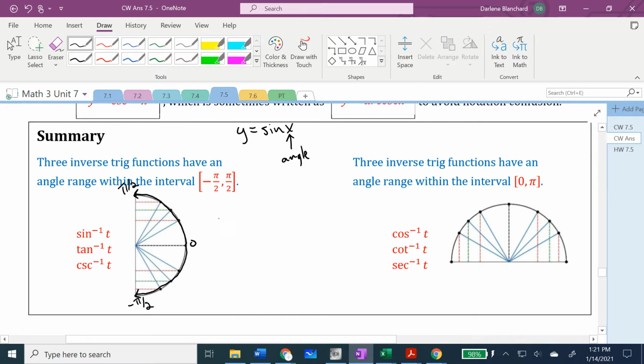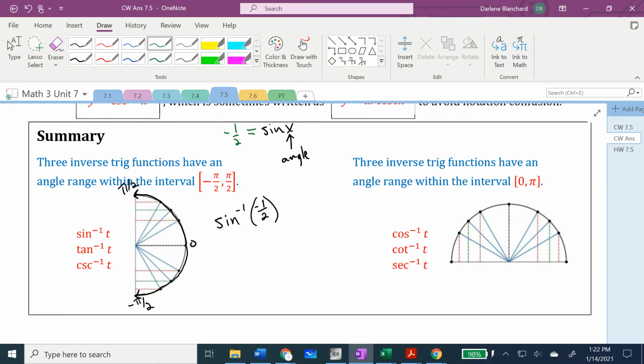That means that if you are told the inverse sine of, I'm going to go with -1/2. If you are asked what is the inverse sine of -1/2, you're actually asking if the answer to sine is -1/2, what angle will get you there.